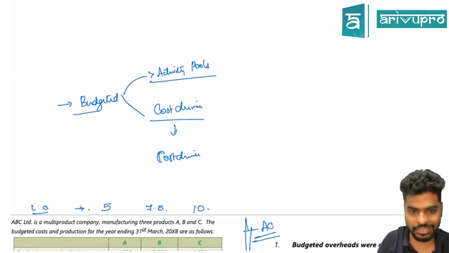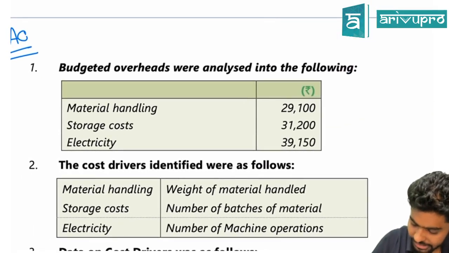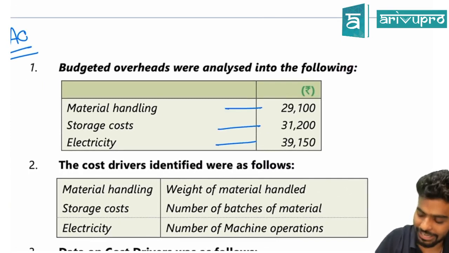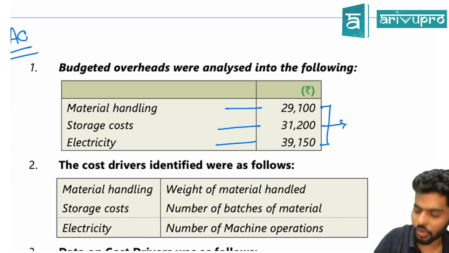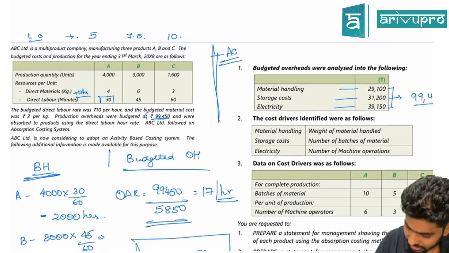Let's understand this carefully. Now see here, my budgeted overheads were analyzed into three things: material handling, storage cost and electricity. When you do the total of it, it comes to 99,450, which was my budgeted overheads here.